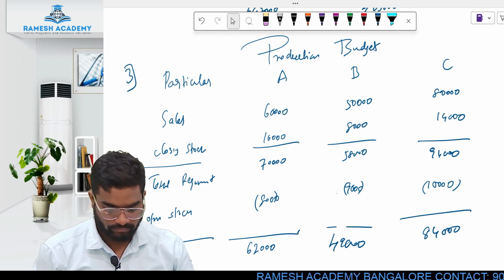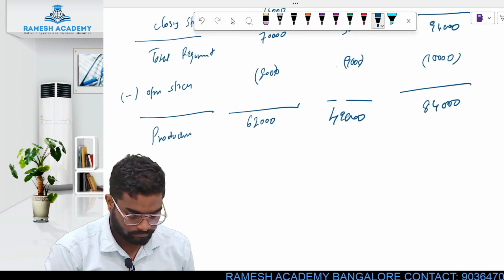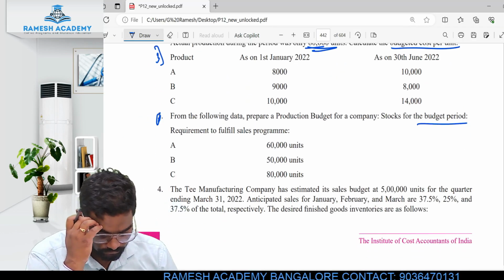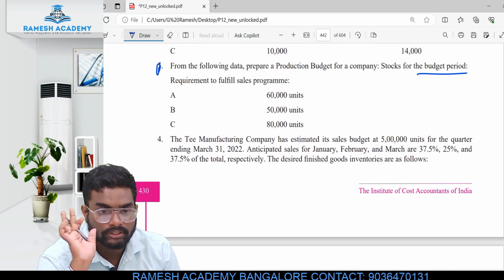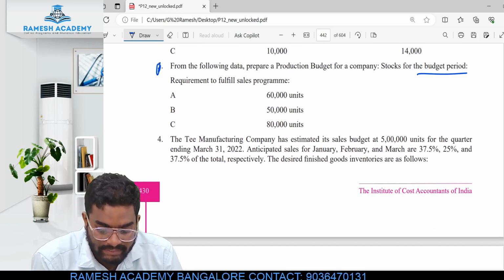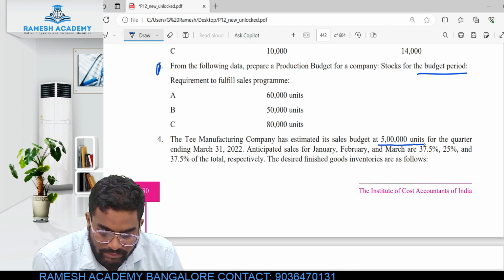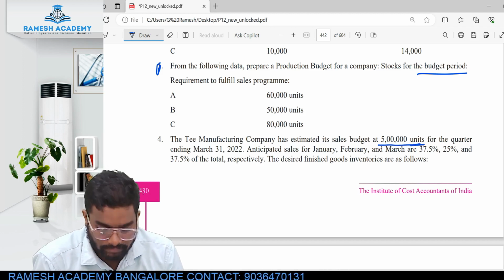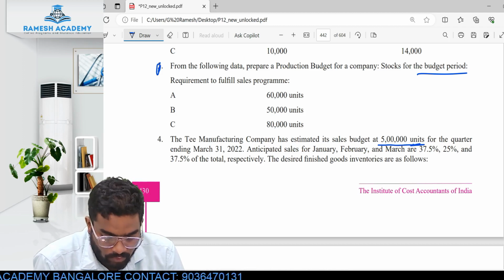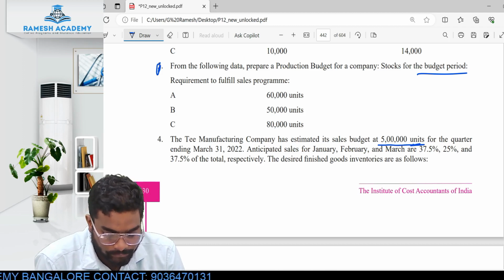So now we'll go to the fourth question. The fourth question is also on the same lines. The tea manufacturing company has estimated its sales budget at 5 lakh units for the quarter ending 31st March 22.